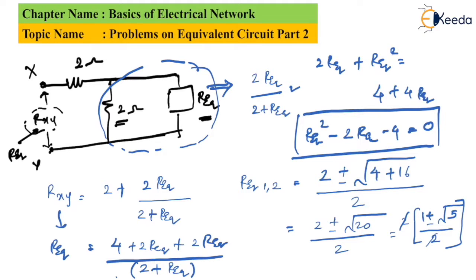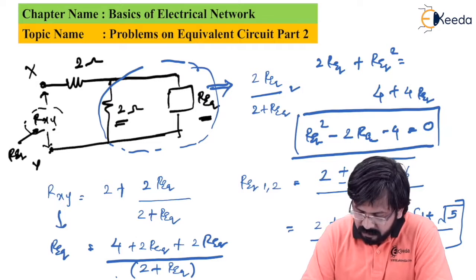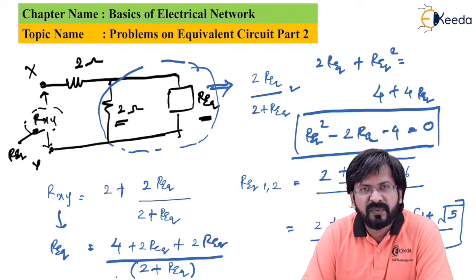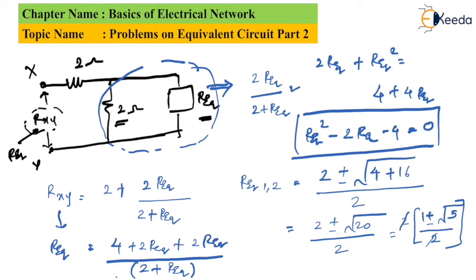So R equivalent has two possible values, 1 plus root 5 and 1 minus root 5. But 1 plus root 5 will give you a positive value, whereas 1 minus root 5 will give you a negative value. We know the fact that R equivalent cannot be a negative value. So R equivalent has to be only a positive value. So selecting only the positive part of it, I can claim that R equivalent should be equal to 1 plus root 5.